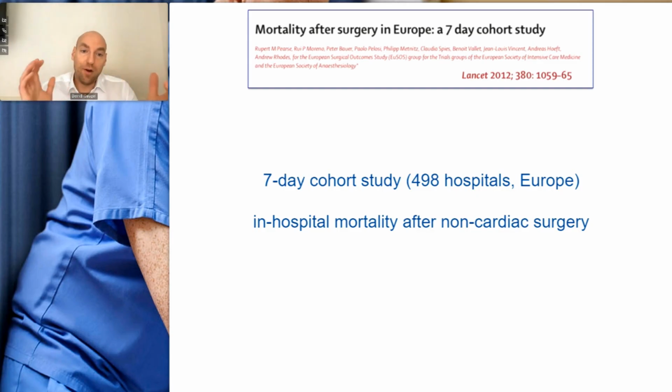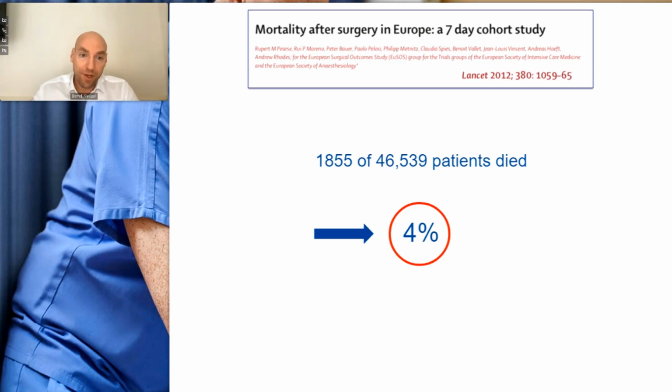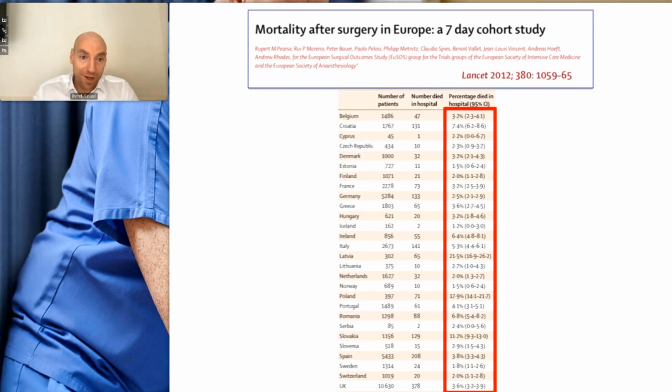And altogether, in the large patient cohort, in-hospital mortality after non-cardiac surgery was around 4%. This is a European study, and you can look at the list for the country you're located in and see the mortality rates in your respective country.